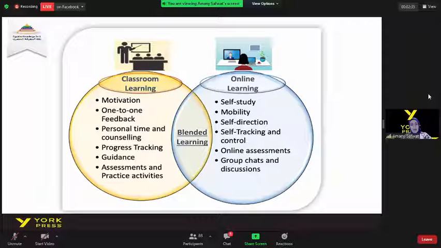Also, it's very important to give one-to-one feedback. So a teacher gives the feedback to each of his or her students in person. Also, it gives the teacher some time for being personal with the students, talking to them, and also counseling. And counseling is very important in the teaching and learning process.